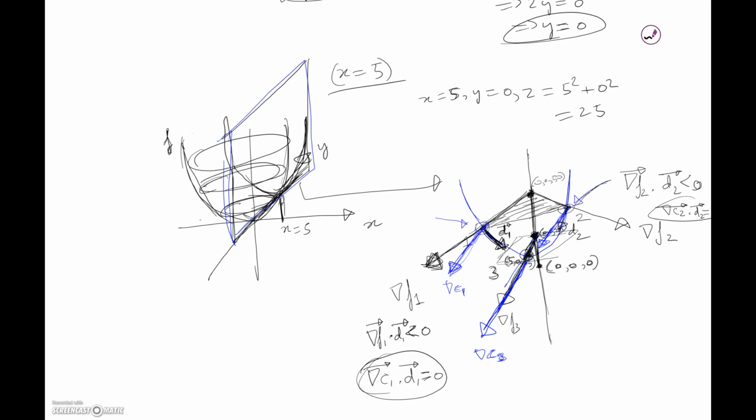So at points 1 and 2, if you move along d1 and d2, which are directions along the blue parabola, you end up decreasing f, because the dot product with del f is less than 0, while at the same time not changing c at all, because the dot product with the gradient of c at both these points for both these directions d1 and d2 is equal to 0.